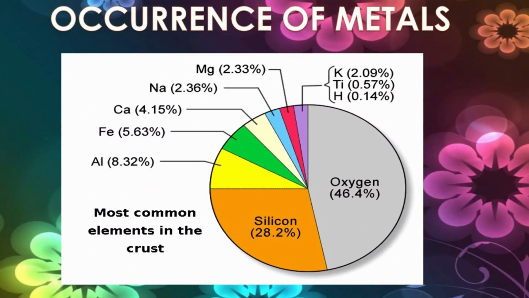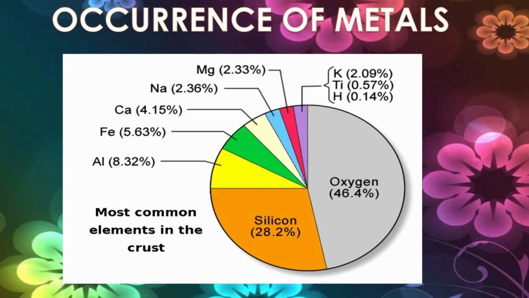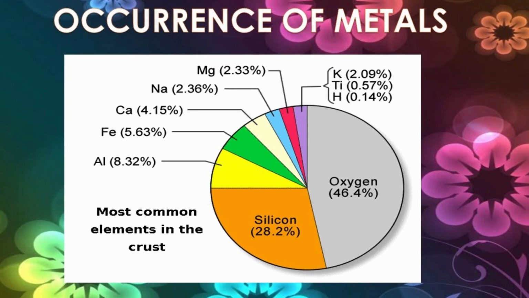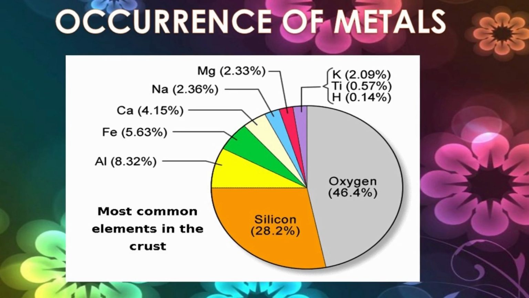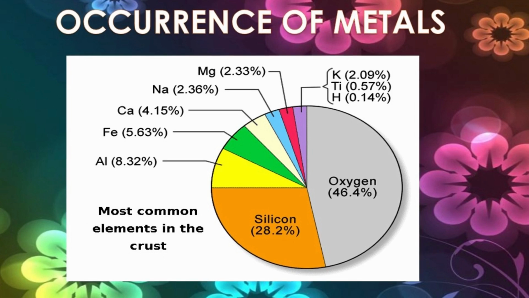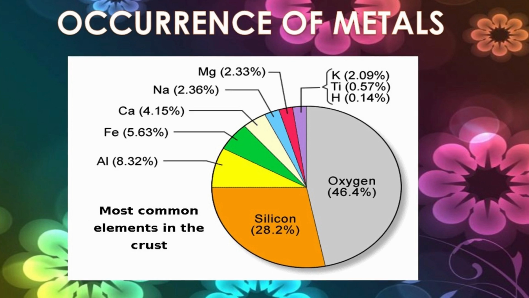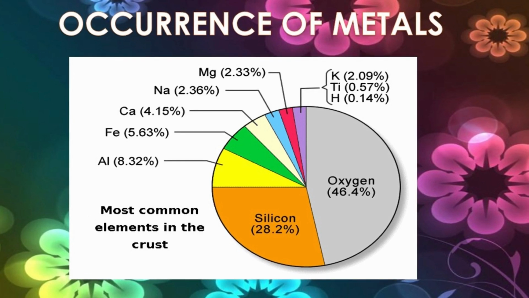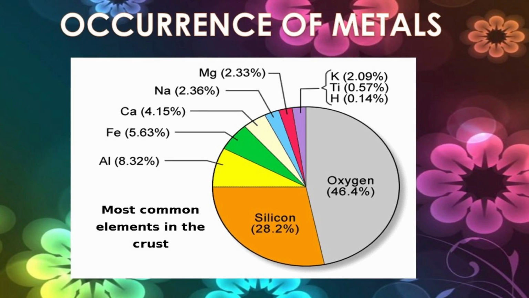Elements vary in abundance. The most abundant element in the earth crust is oxygen, and the third most abundant element is aluminium. Aluminium is the most abundant metal in the earth crust. It is present in various rocks and also in clays.